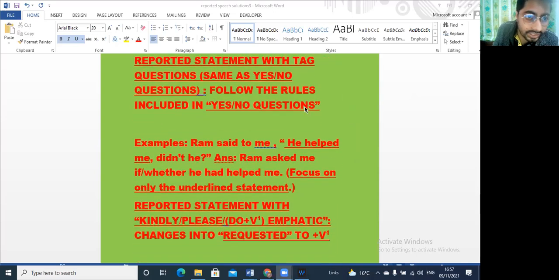Reported statement with tag questions. While we talk about reported statement with tag questions, always remember one thing: whenever we see a tag question attached to a reported statement, we have to understand that the tag question represents one of the formats of yes no question.